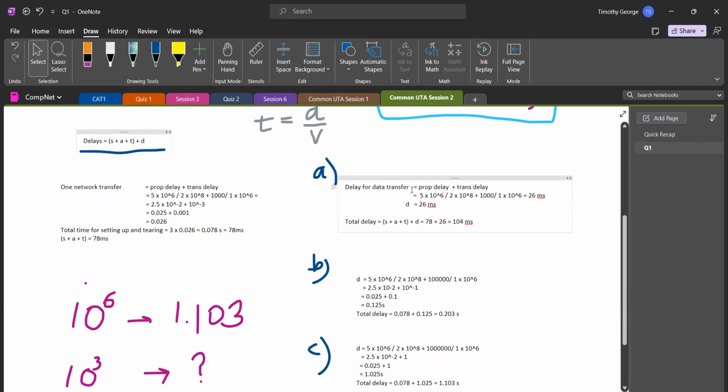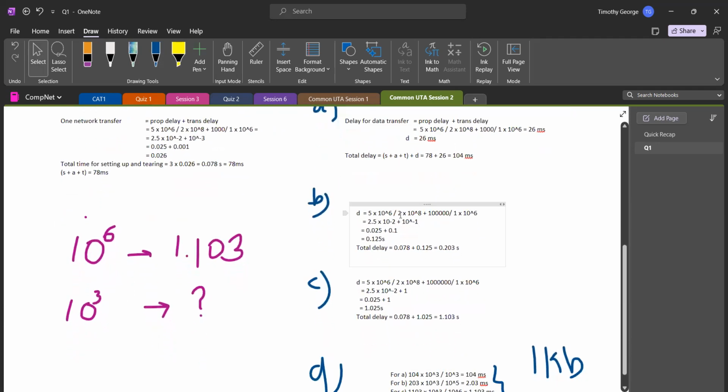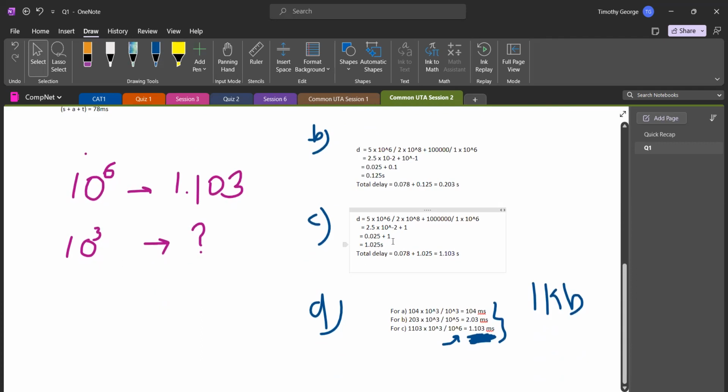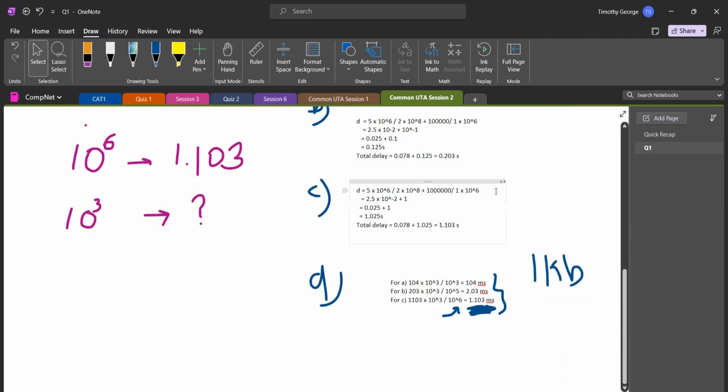Then for each transfer, the D, again we calculate propagation and transmission delay. Transmission delay is related to bits. So we changed the bits and we got 26. We added that with the original. Then here we got 125. We added it with the original. Here we got 1. We added it with the original. Then we compared. We found how much 10 to the power 3 bits would take. And we found some inference.